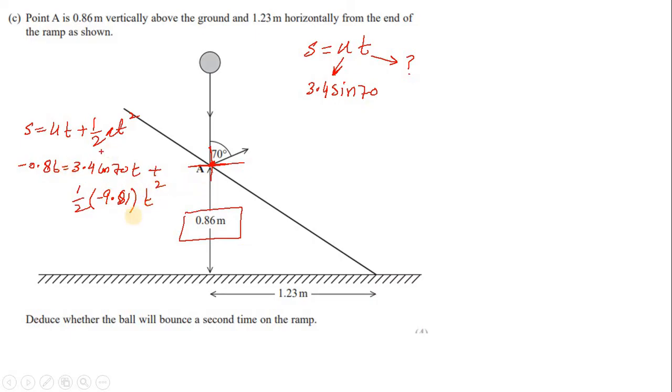Clearly, if you rearrange everything, you have a quadratic equation in terms of t, which you can rewrite as 4.91t² - 1.16t - 0.86 = 0, where 1.16 is the value of 3.4 cos 70.